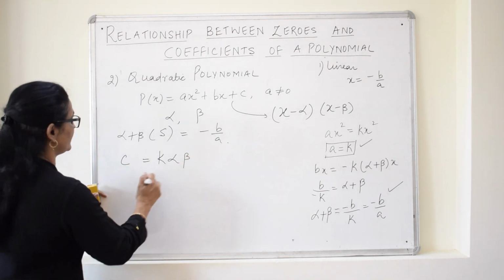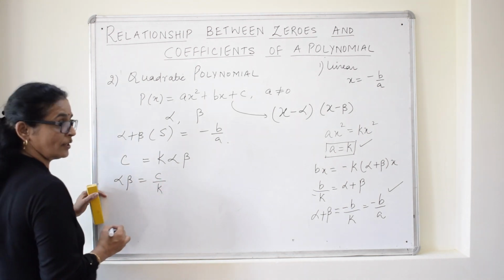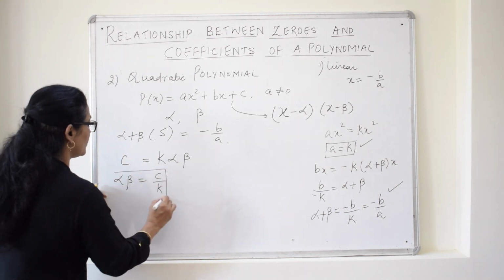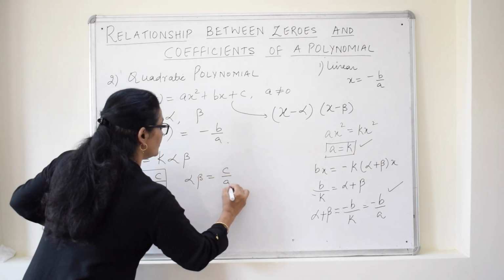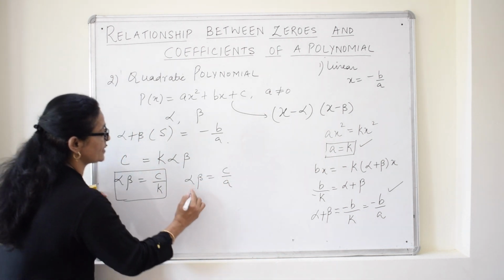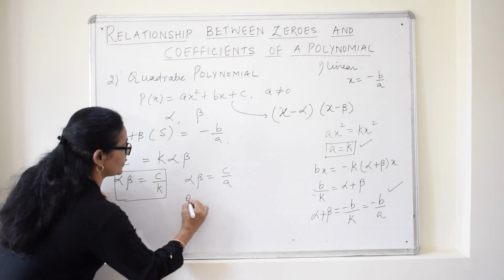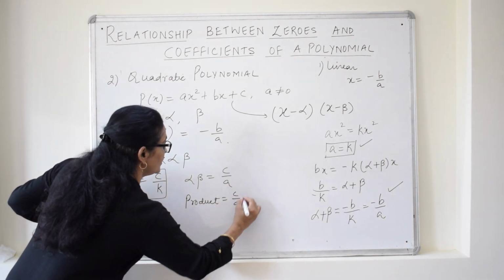Now here it will give us alpha beta is equal to c upon k. Now this c upon k we will rewrite, because we want the coefficients and the constant. So alpha beta is what? Product. So the product of the zeros is c upon a.